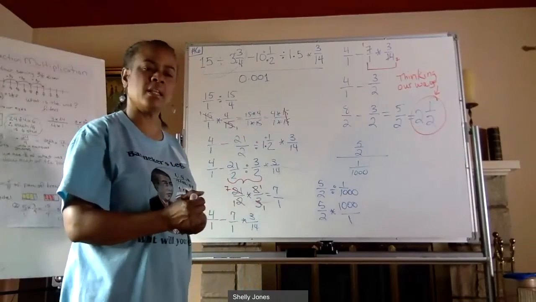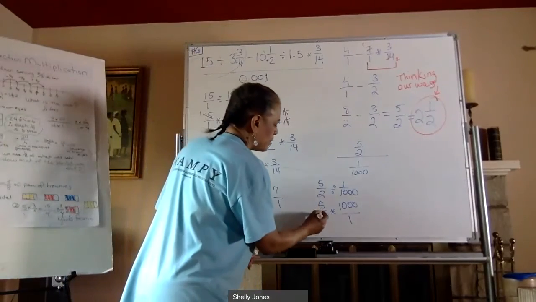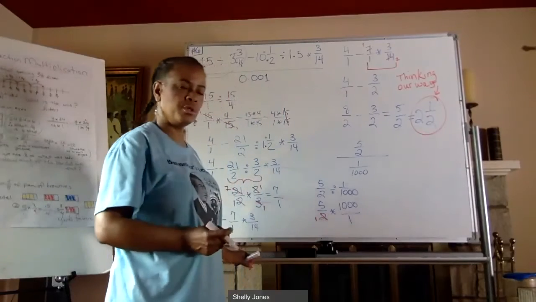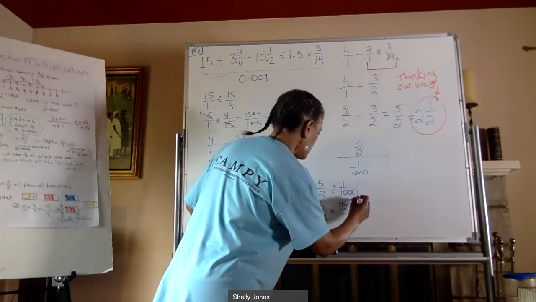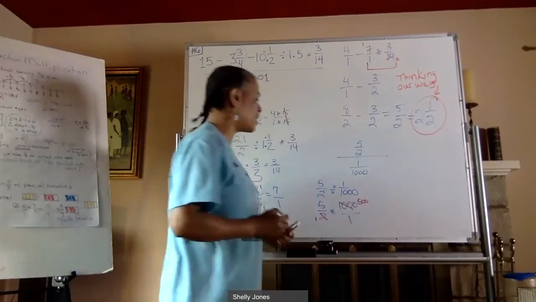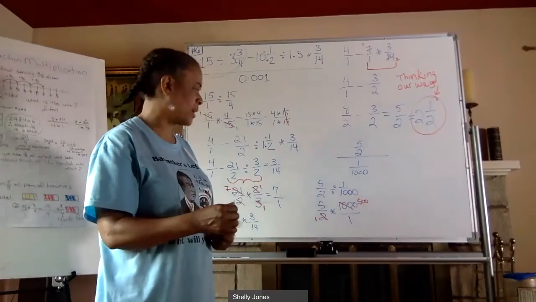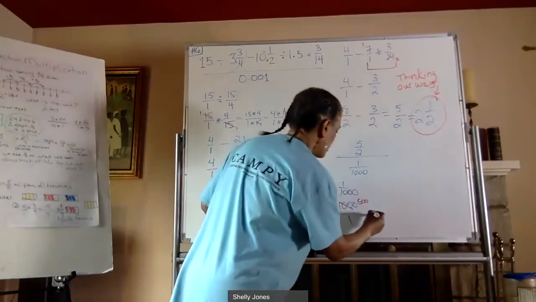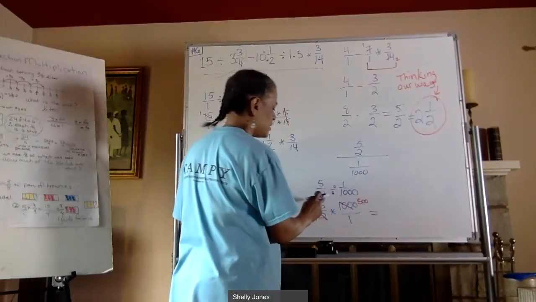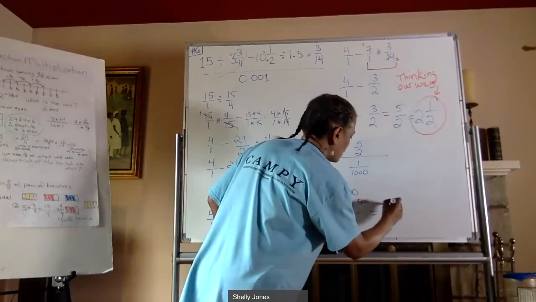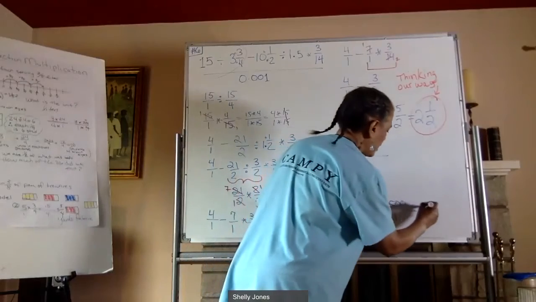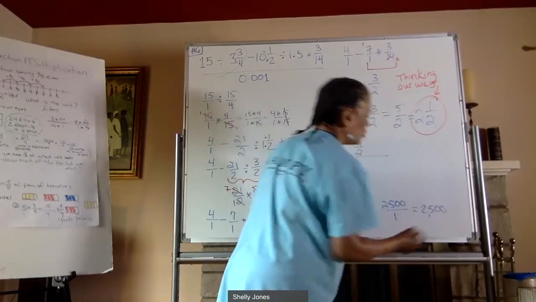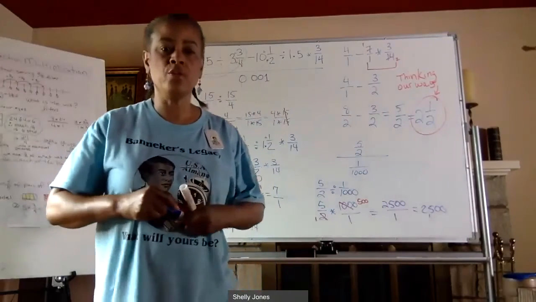And I can cancel out some things. I can cancel out a common factor of 2. 2 goes into 2 once. And 2 goes into 1,000, let's see, 2 times 500 is 1,000. And now I can multiply across. 5 times 500. Let's see, 5 times 5 is 25, 2 zeros, over 1. And my final answer is 2,500.